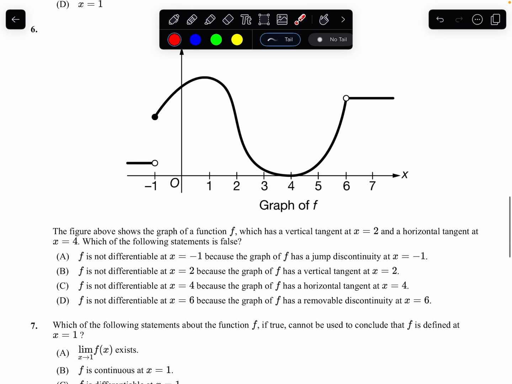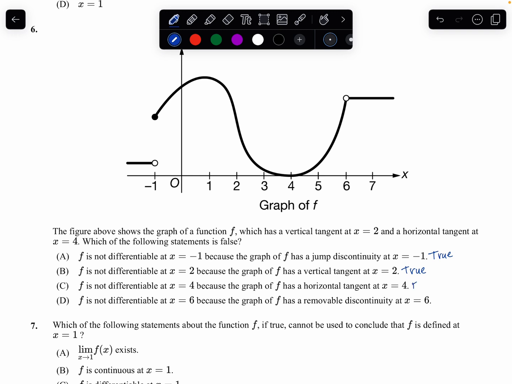So f is not differentiable at -1, because we have a jump discontinuity. That is true. F is not differentiable at 2 because the graph has a vertical tangent. That's also true. F is not differentiable at x equals 4 because the graph has a horizontal tangent at 4.